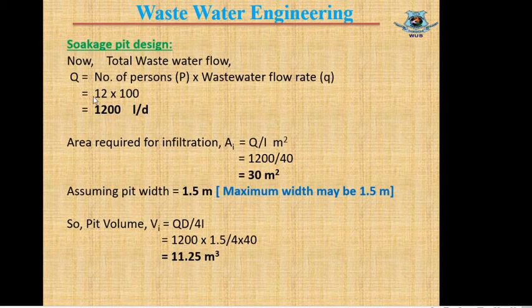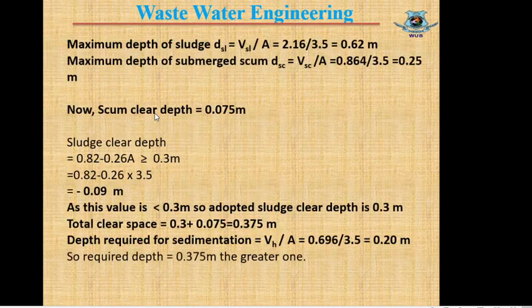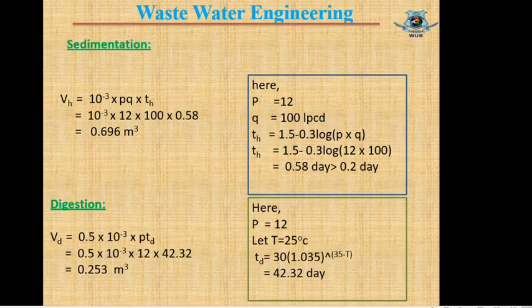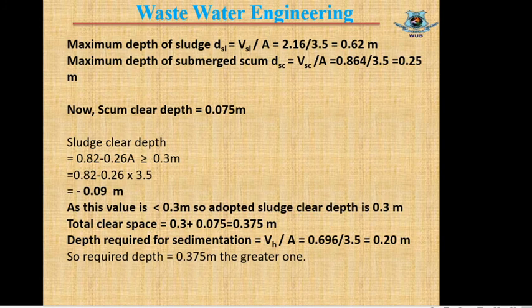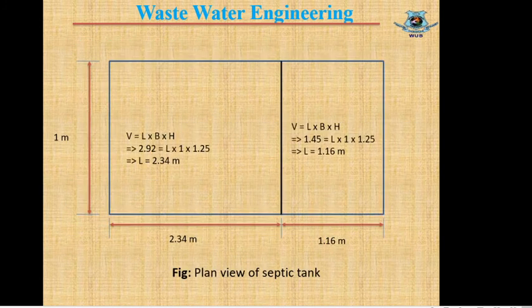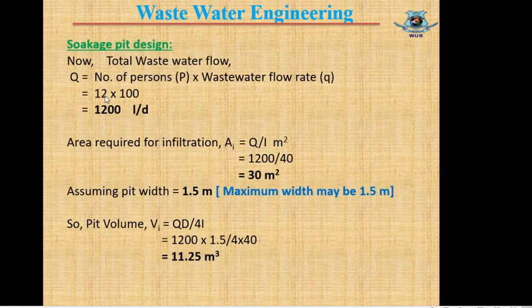So total wastewater flow stands at 1200 liters per day. Here Q equals 100, P equals 12, so I have just replaced the data.